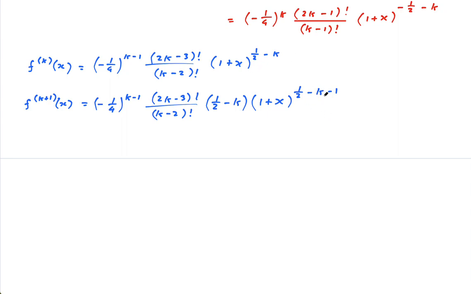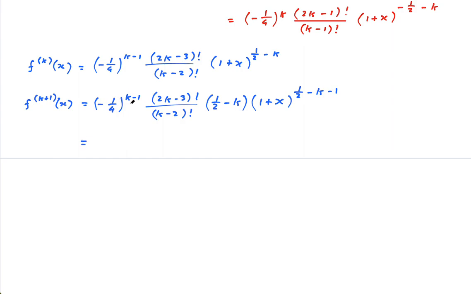Now that is good, because we have this part here already. Fine, right. So now we need to turn this into this, and it looks complicated. Let's look at what we have. What we're trying to get is a minus a quarter to the power of k, and we have a minus a quarter to the power of k minus 1.